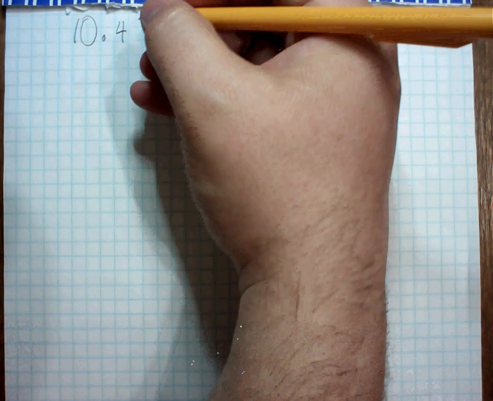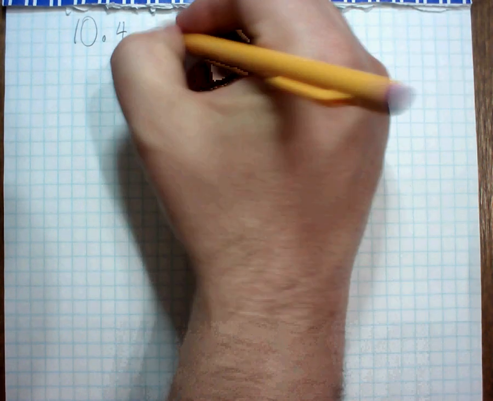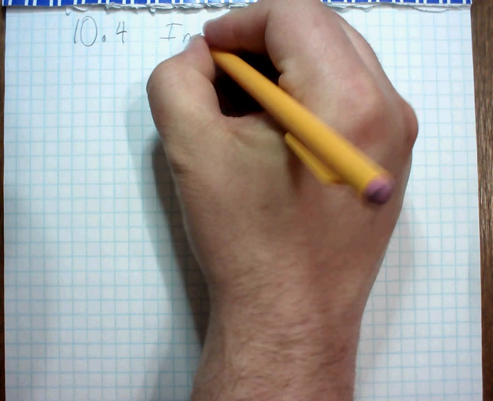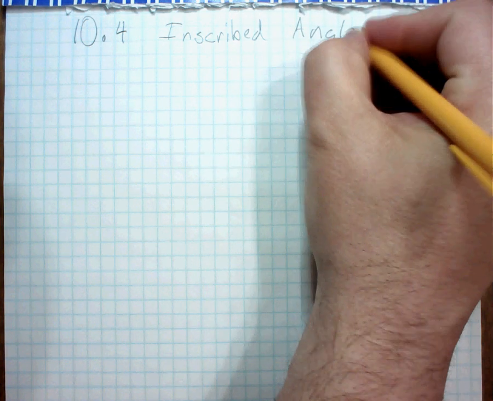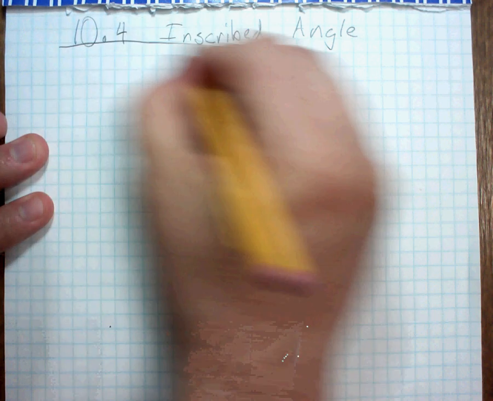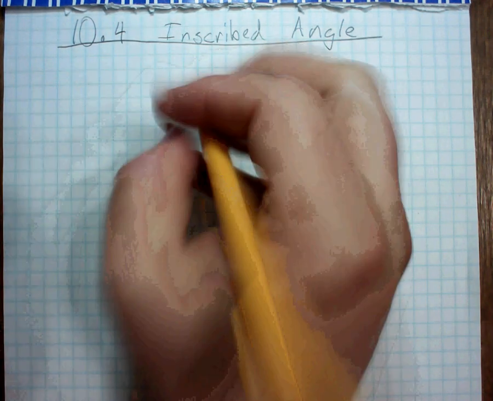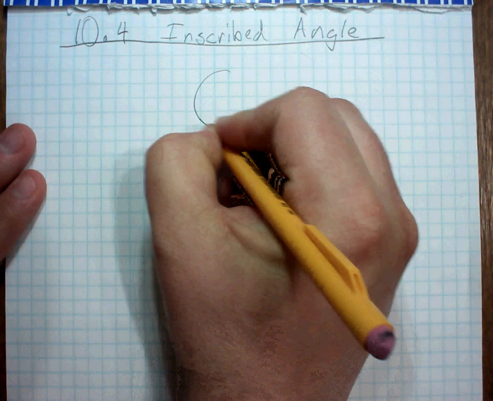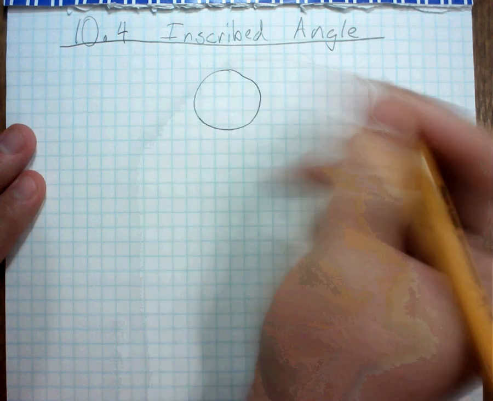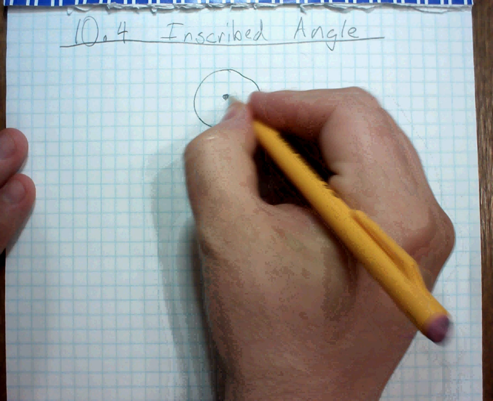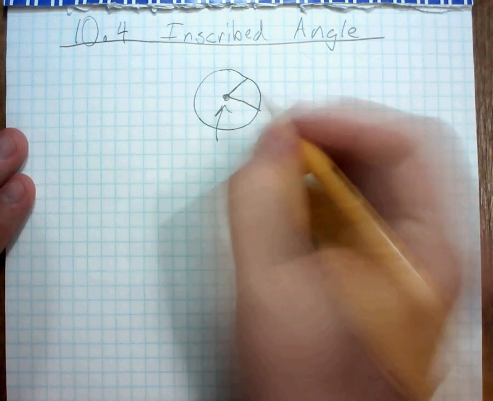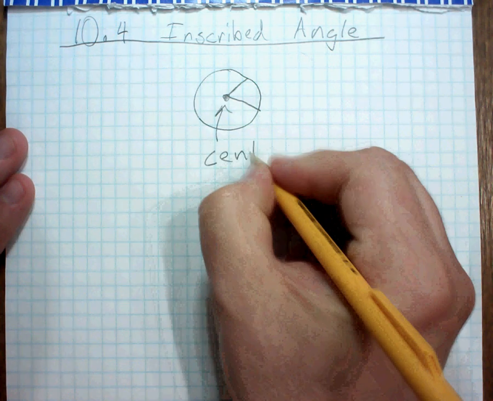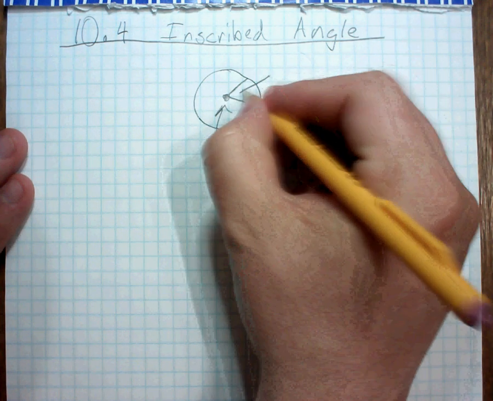Focus on inscribed angles. An inscribed angle is not the same as a central angle. Inscribed means that it touches the outside of a circle. So if I have a circle like this, and this is the center, this is the center of the circle, and this is called the central angle.